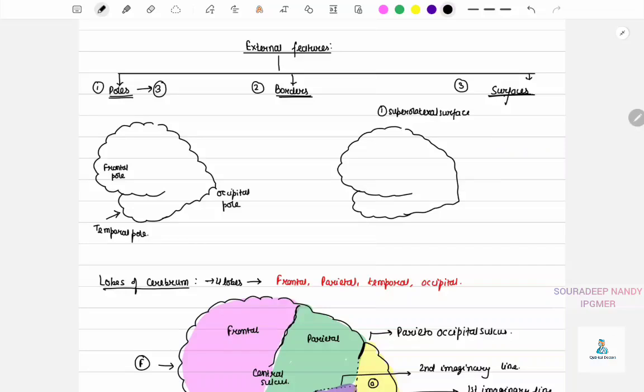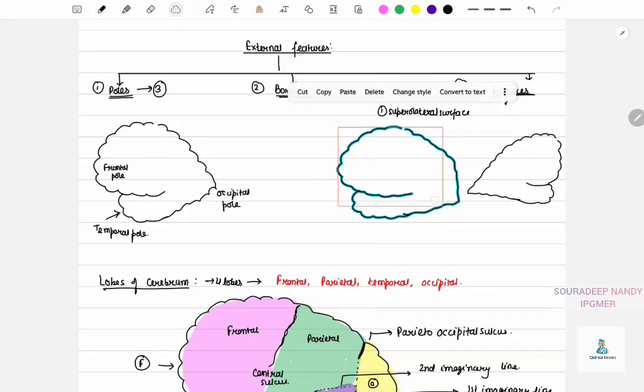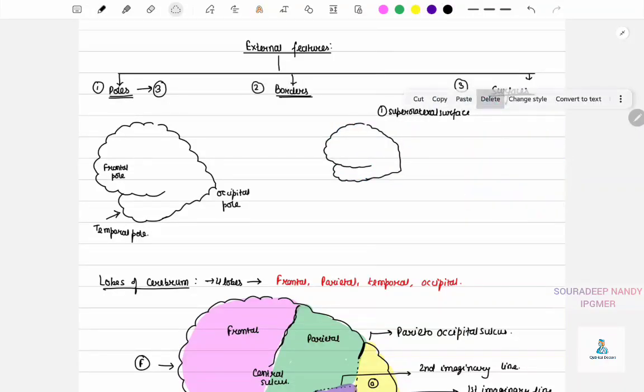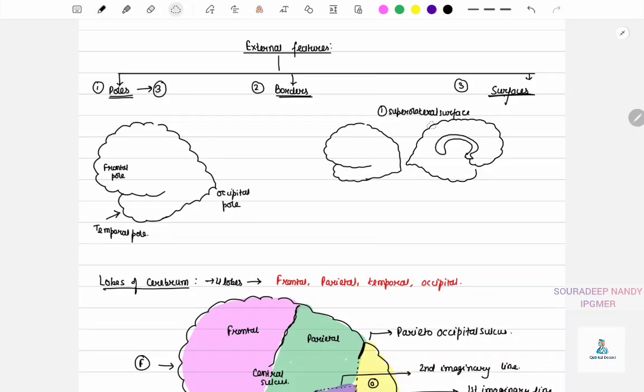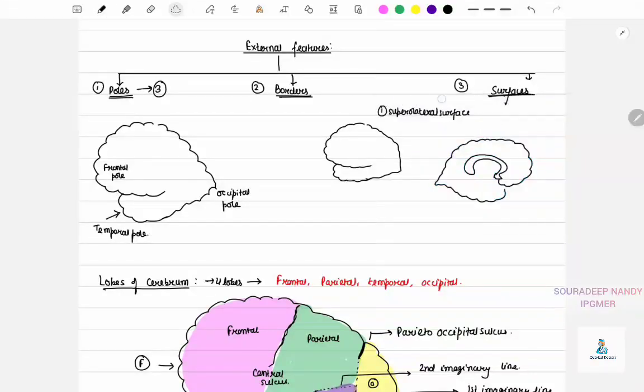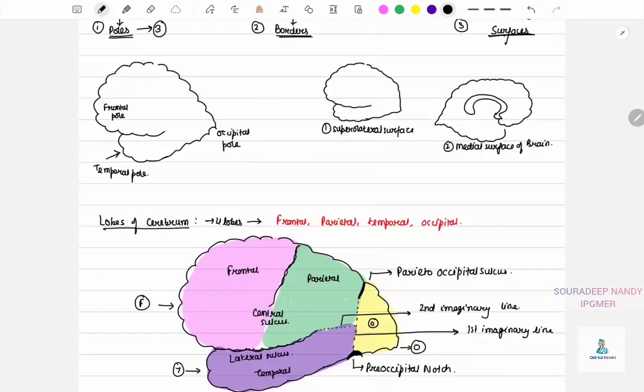If we see the hemisphere from the medial side, then it will look somewhat like this. So there will be the cross section of the corpus callosum. So this is the superolateral surface, this is the medial surface of the brain, cerebrum. And there is the inferior surface.